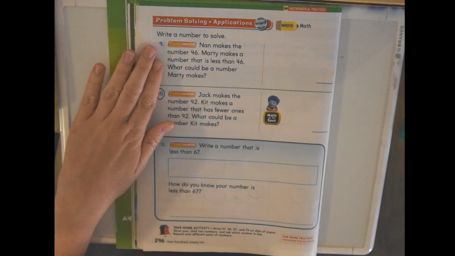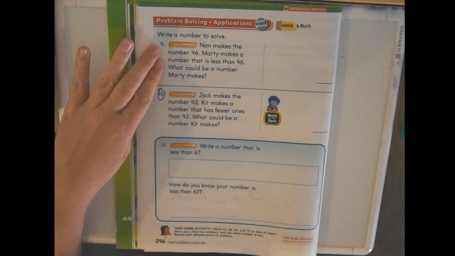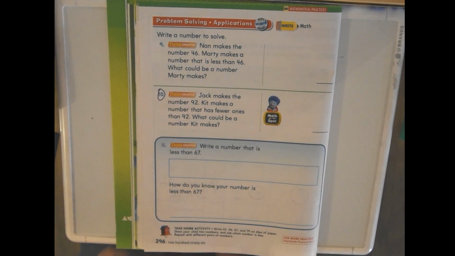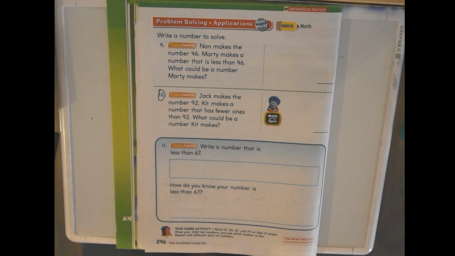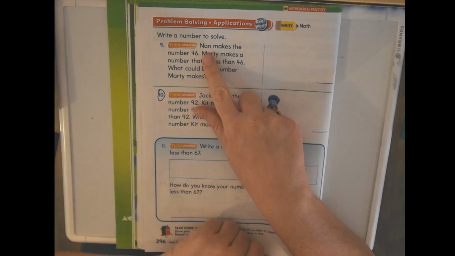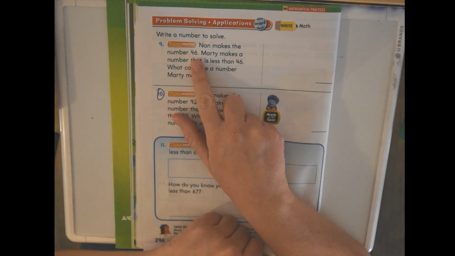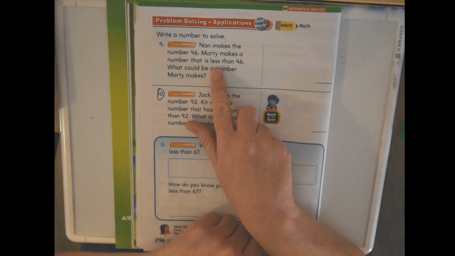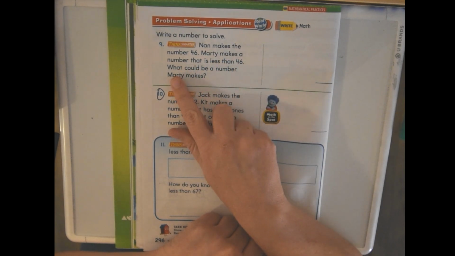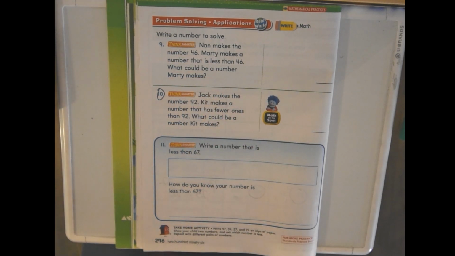Okay, now these are word problems. Now for number 9, I think you'll be able to do it on your own, but I am just going to read over it and kind of help explain it. Nan makes the number 46. Marty makes a number that is less than 46. What could be a number Marty makes?